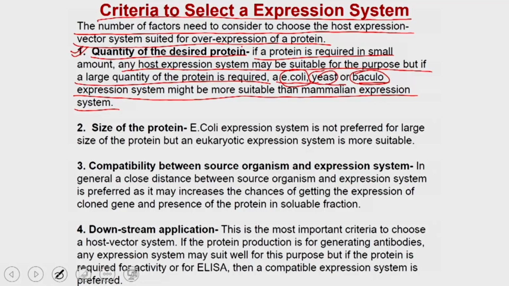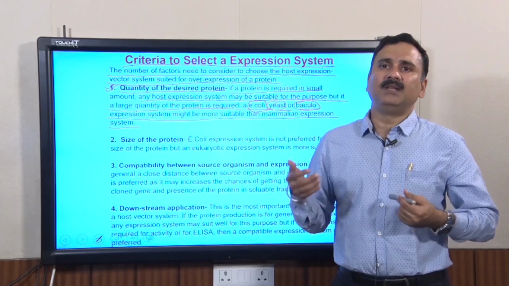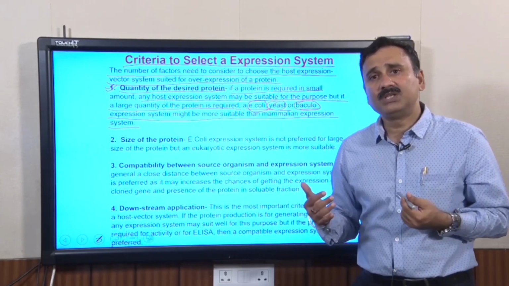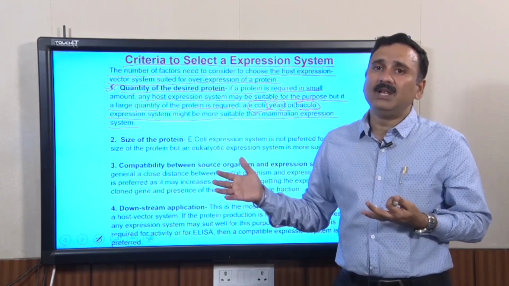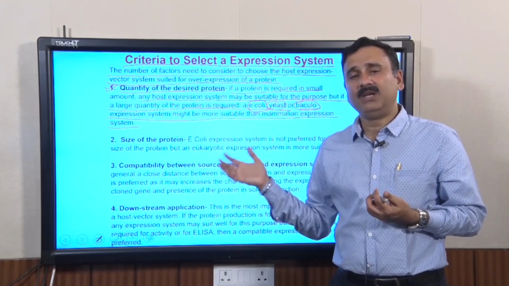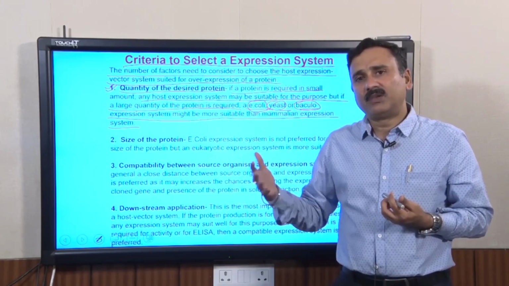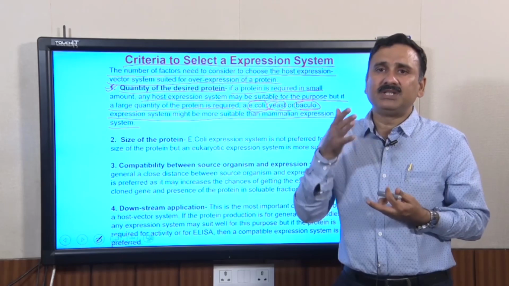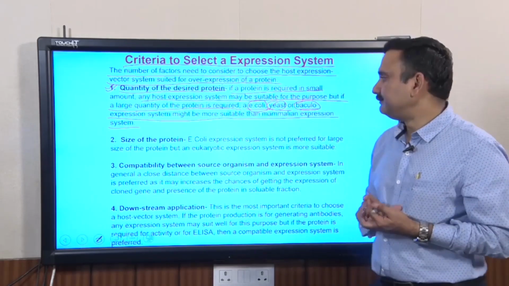The same is true for yeast as well as the baculo expression system, because in some cases the protein may be of eukaryotic origin, and it may not express very well in E. coli or the yeast system. In those cases you might have to go to the baculo expression system, which is relatively cheaper compared to the traditional mammalian expression systems.